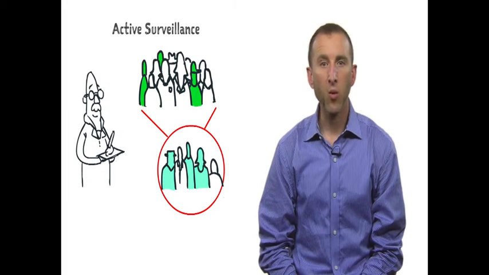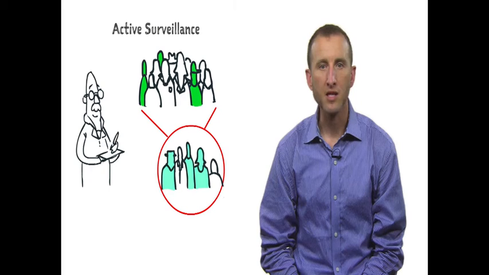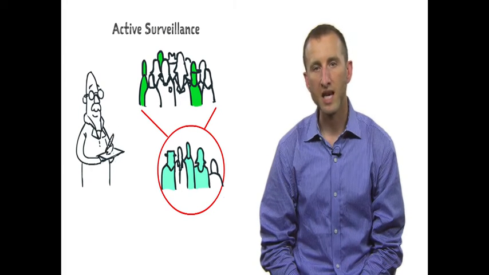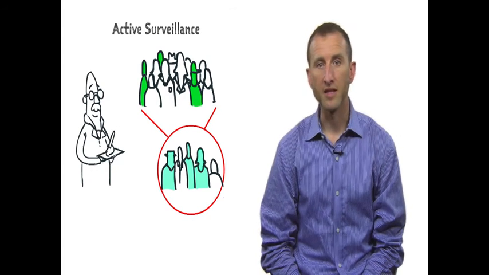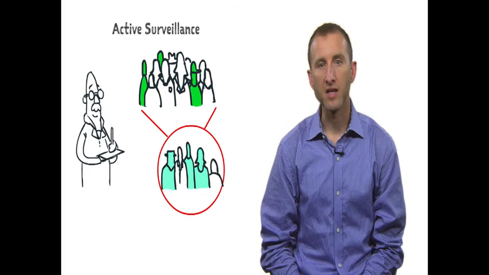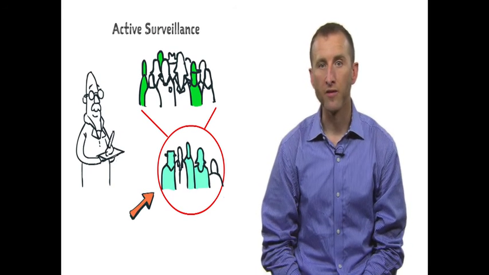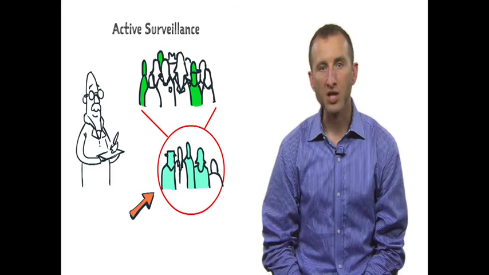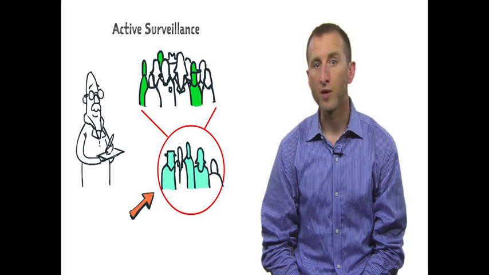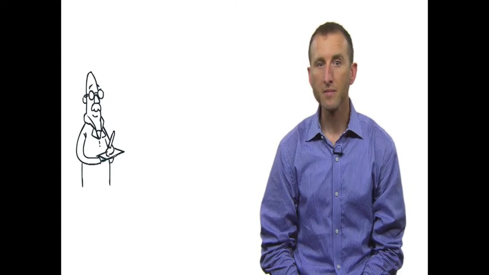Thus, there may be quite a bit of infection in a population before a passive system would detect it. An active surveillance system that tested for infection in asymptomatic individuals, however, might have a much better chance of detecting infection before it spreads too far.